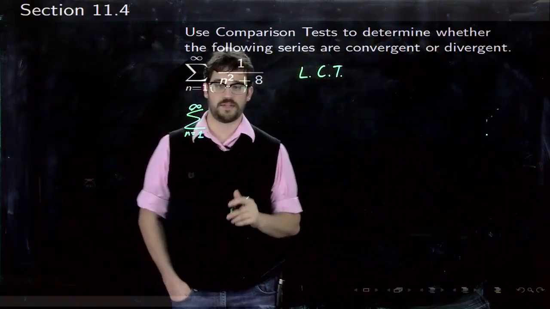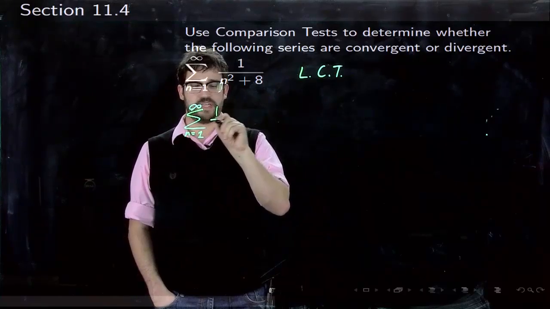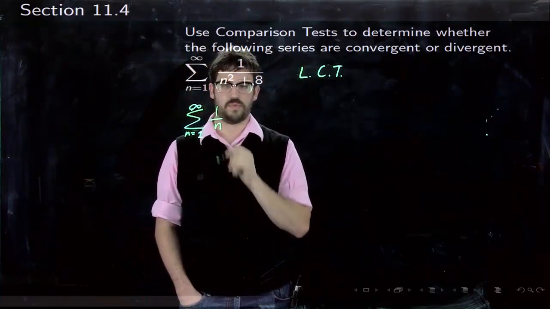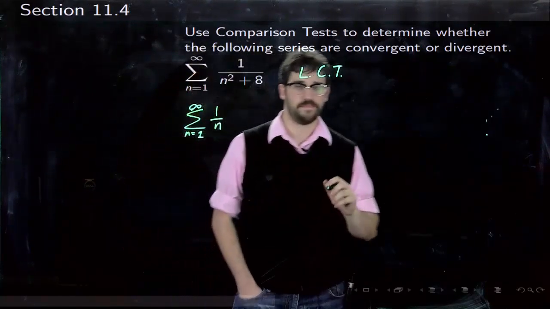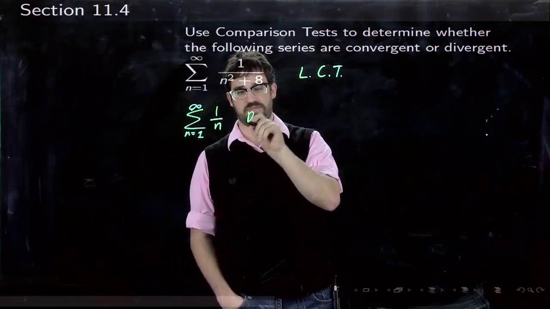Now suppose we are uncertain and we, for some reason, used the limit comparison test with 1 over n. Well, what would happen? Well, we would know that this one diverges.